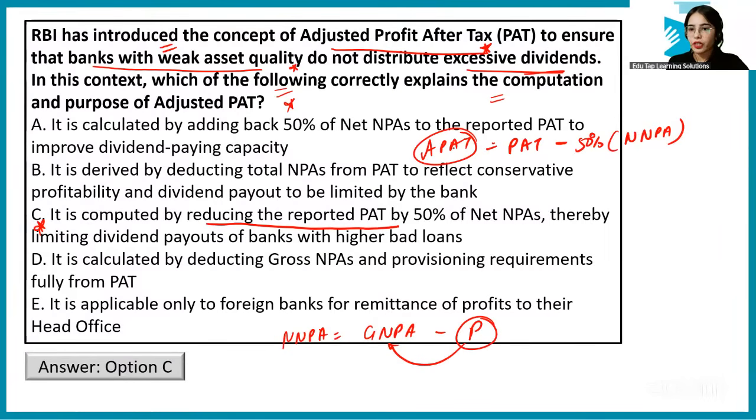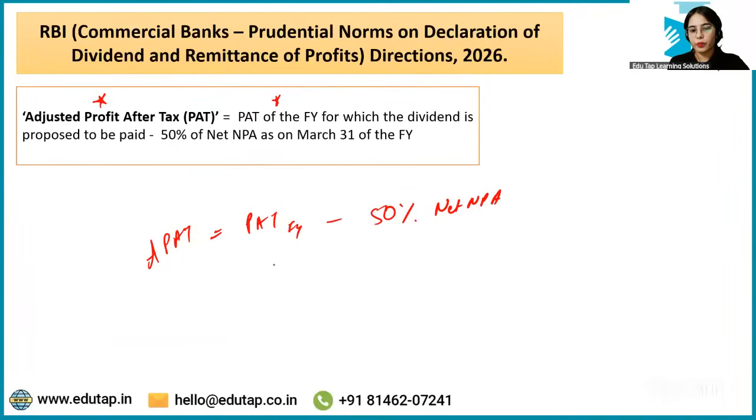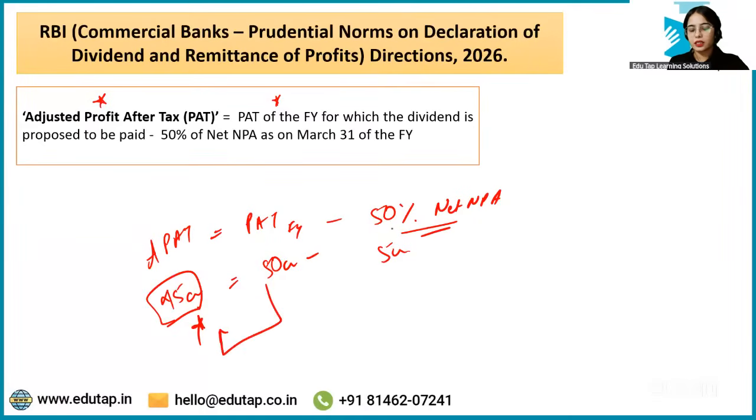Now adjusted profit after tax will be lesser than the profit after tax, because profit after tax, let's say, is 50 crores. From this, we are deducting 50% of net NPA, that is 5 crores. So adjusted profit after tax is, let's say, 45 crores. If a bank has higher net NPAs, then will the adjusted profit after tax be high or low?